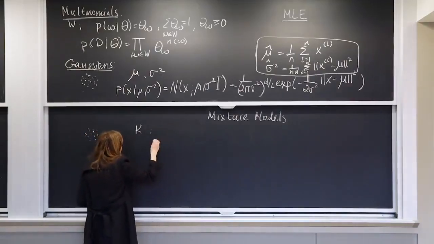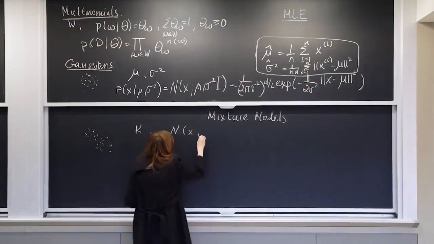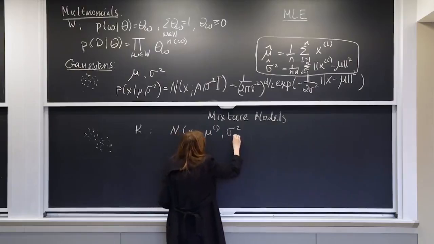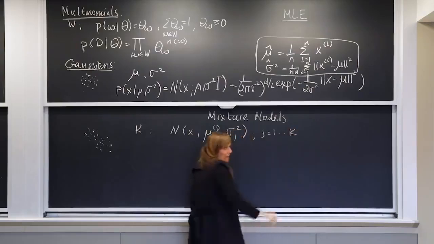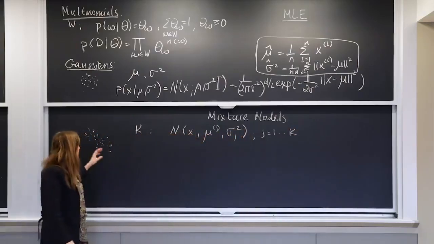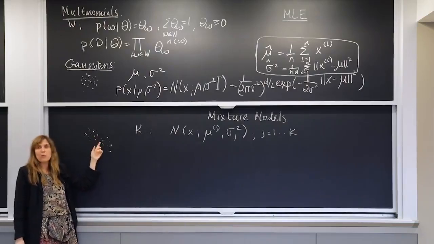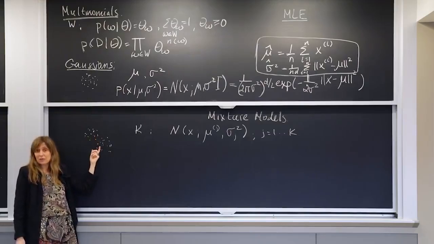And then we would assume that each Gaussian would be represented by its own private mu j and sigma square j, where j goes from 1 to K. So now, in this particular case, we will have two components, where j would go from 1 to 2, and each one of them would have its own mean and its own variance.